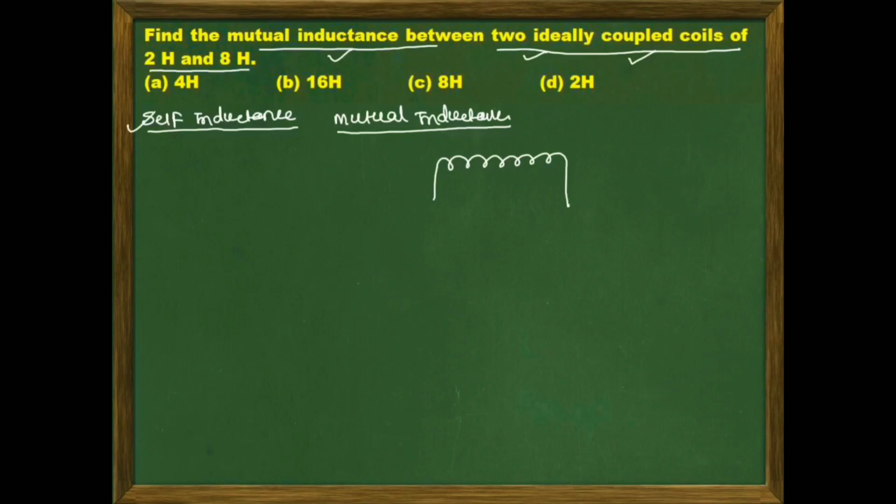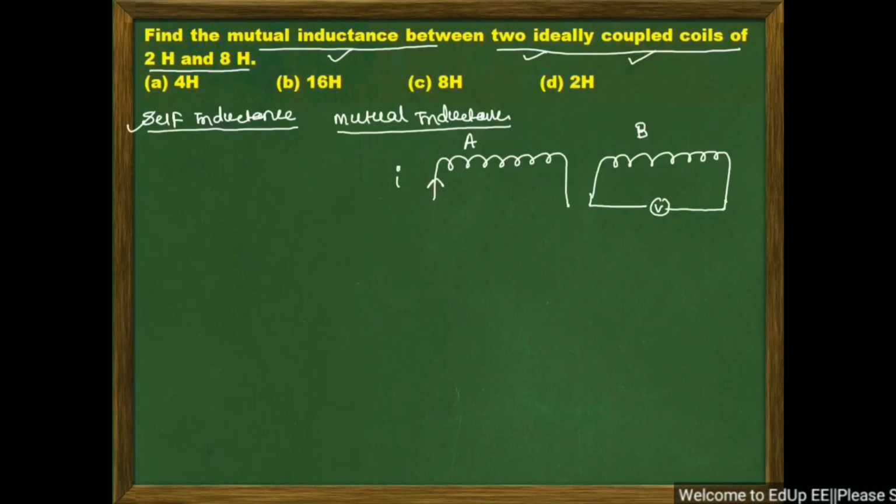This is coil A, and this is another coil B which is placed near it. Let small i be the current flowing through coil A, and let's place a voltmeter across coil B. Now we know that when there is a current it produces flux in the coil. Let's say this is the flux.